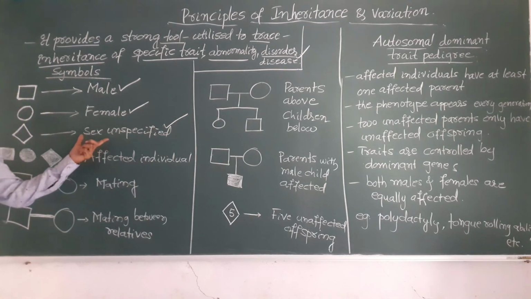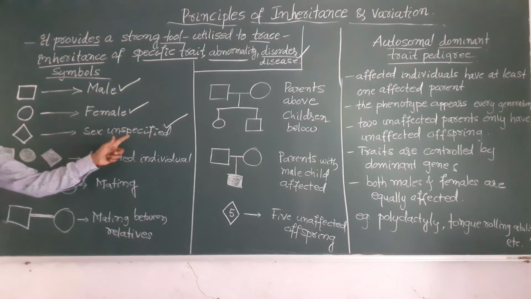Whether it is male or female, it is not specified. Here you see a square, that is male, this circle, female, and this, unspecified sex. All these symbols are darkened here.